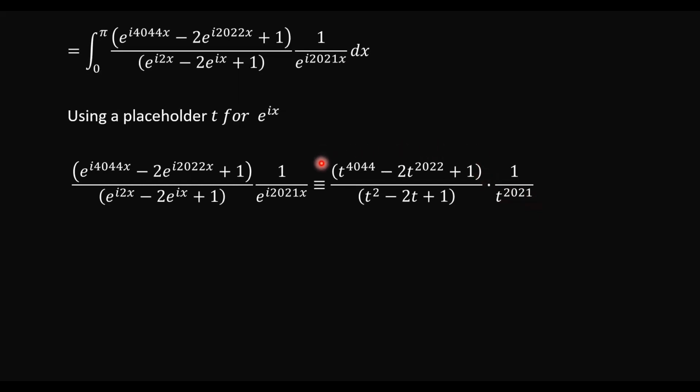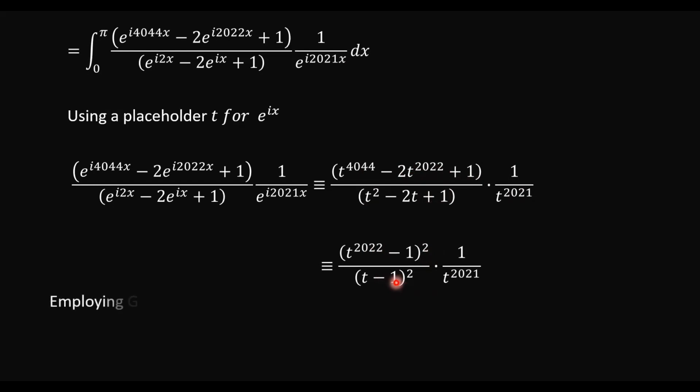So this first part of the polynomial can be expressed as (t to the power 2022 minus 1) squared over (t minus 1) squared. Just as you know, it's easy to observe that transformation.